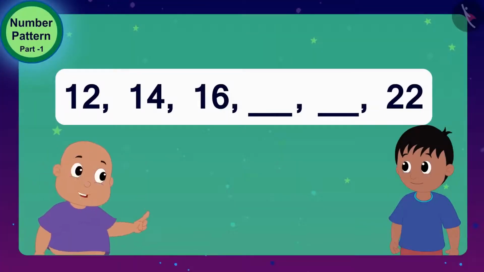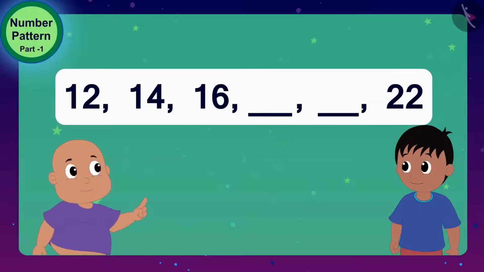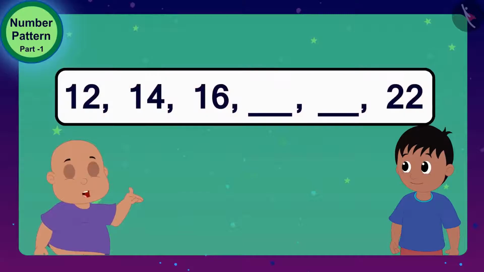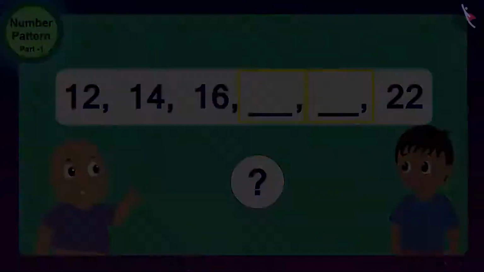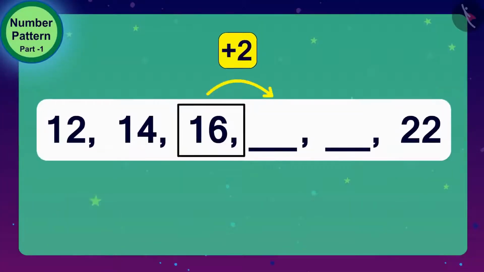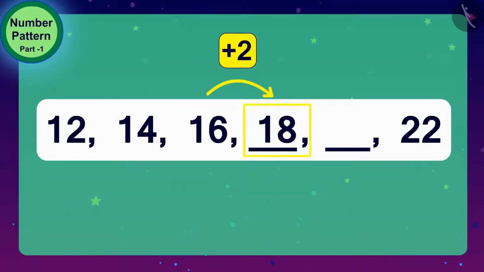Hey, wow, Raju. This number pattern is so interesting. So, what do we have to do to get the next number in this number pattern? We have to add 2 to 16. Then 2 added to 16 is 18.